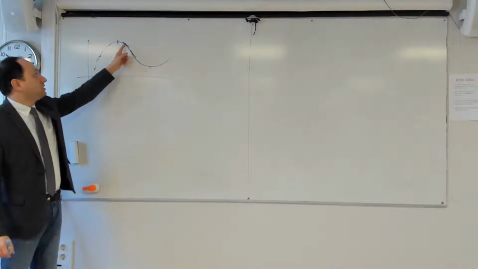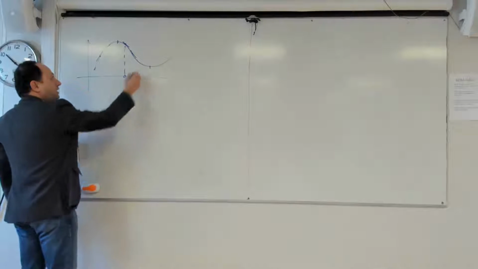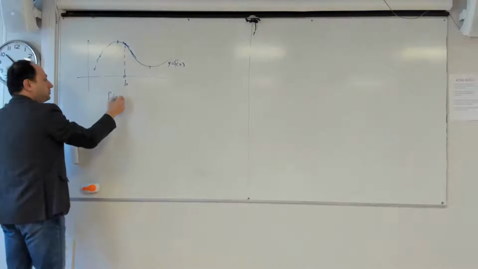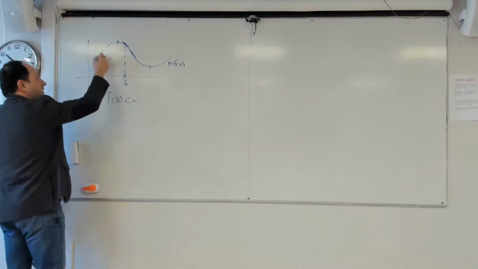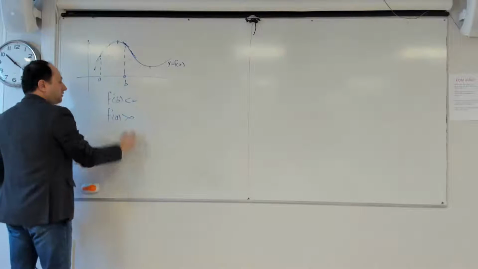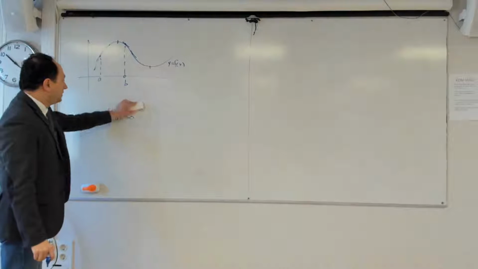So if I ask you what is the derivative of this function at the point b, you immediately say that f prime of b is negative. If I ask you the same question for this, you immediately say that f prime of a is positive. Yes? Okay, and then we learned about this.